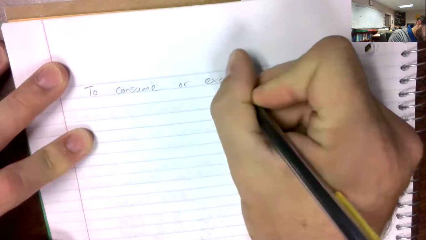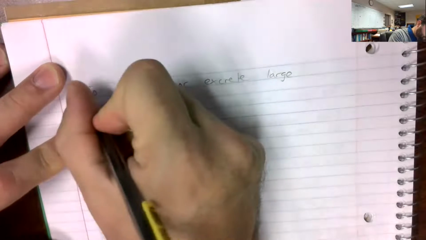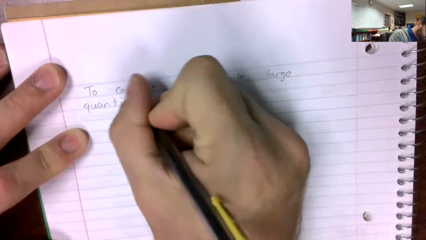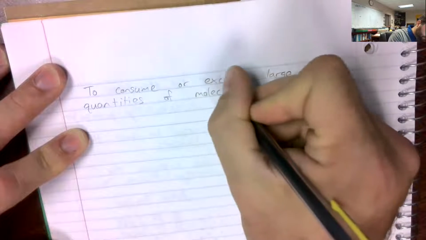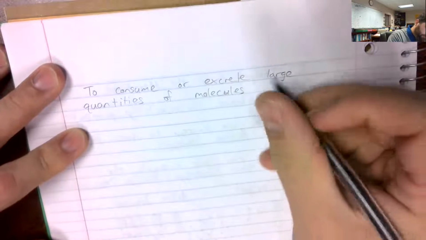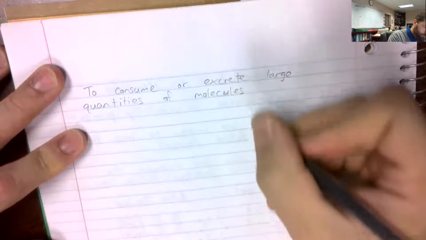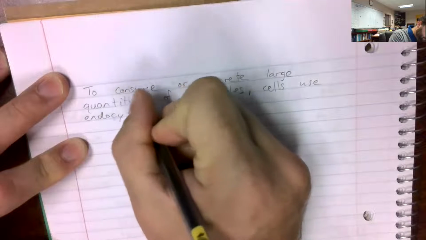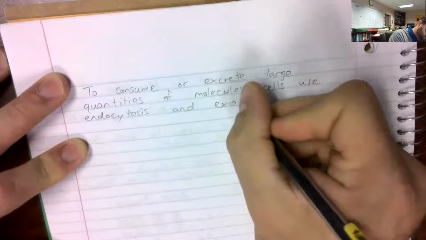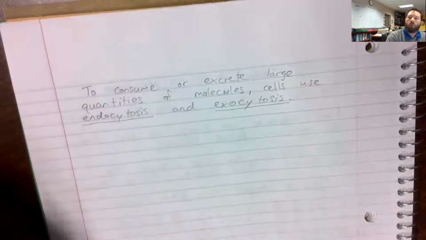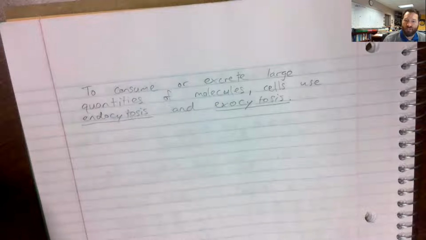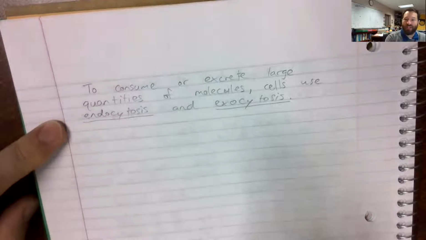But for large quantities, in order to consume or excrete, get rid of large quantities of molecules, cells use endocytosis and exocytosis.